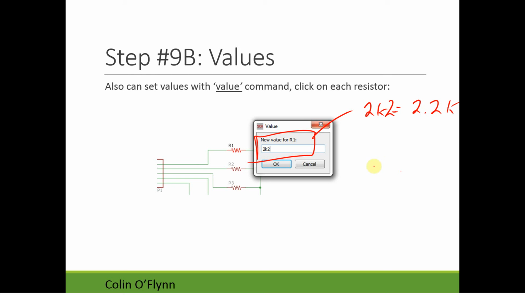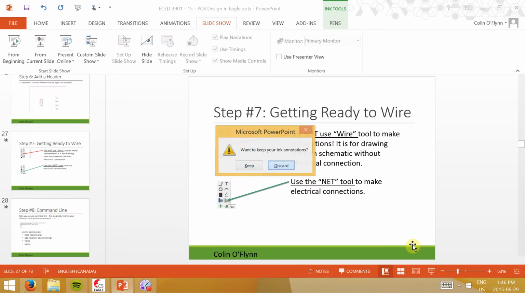If we're talking about capacitors, you might have 4U7. So this is a 4.7 microfarad capacitor in this case. And we don't put the F part just to make it a little cleaner. So if I put for U7, 4.7 microfarads. To do this, we just use the value command.